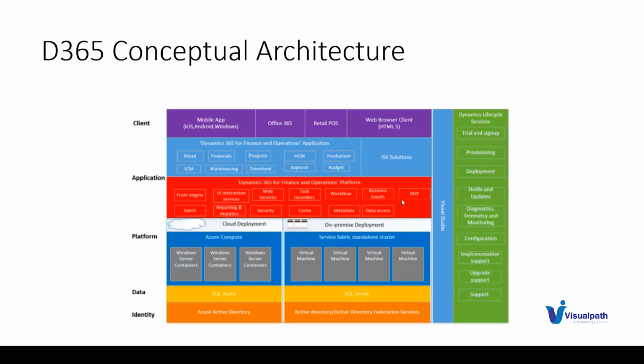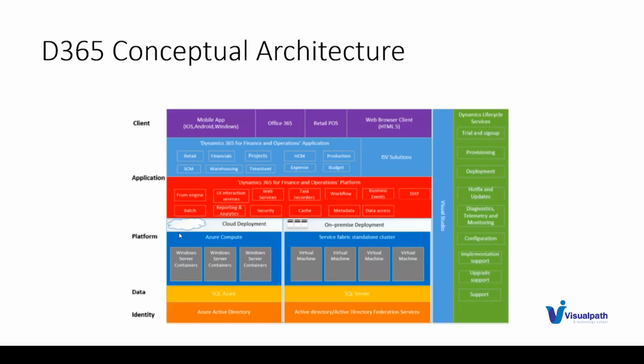DIXF is again the module. So these application-level sections are the frameworks available within F&O. Batch is a framework, UI interface services is a separate framework, SSRS report is a separate framework, and security is a separate framework. These are technical frameworks which run in the background to make things work on the screen.